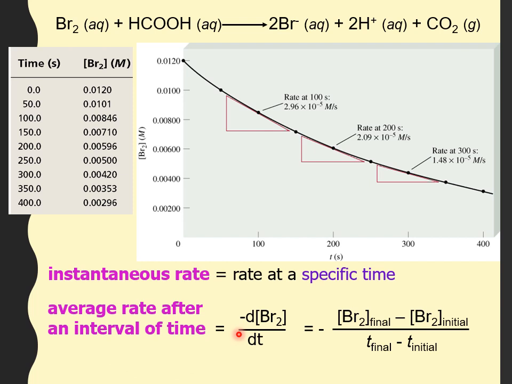It is by using the formula of differentiation, negative d[Br2]/dt. This means it is negative of the concentration of Br2 final minus the concentration of Br2 initial, divided by the difference in time.